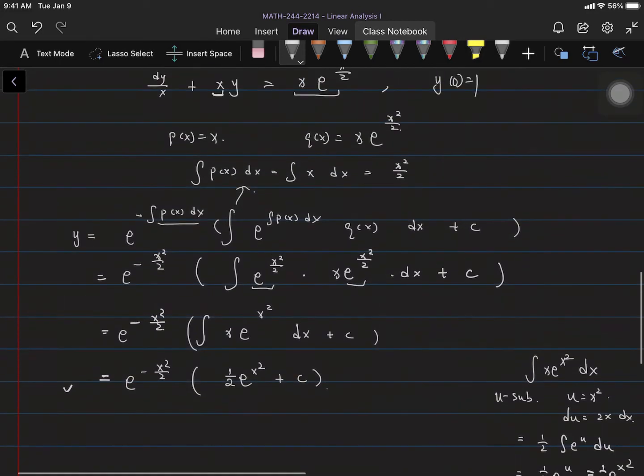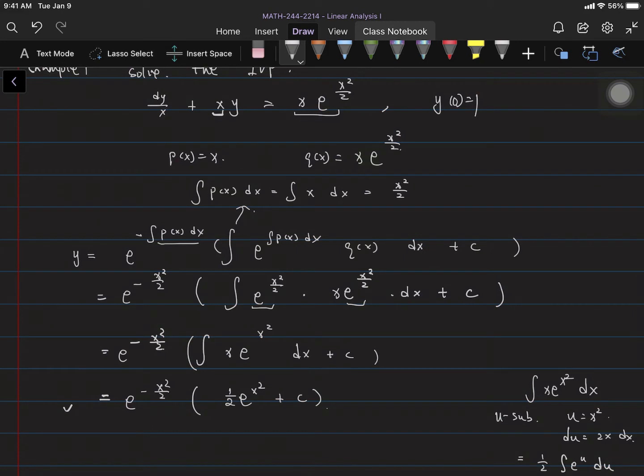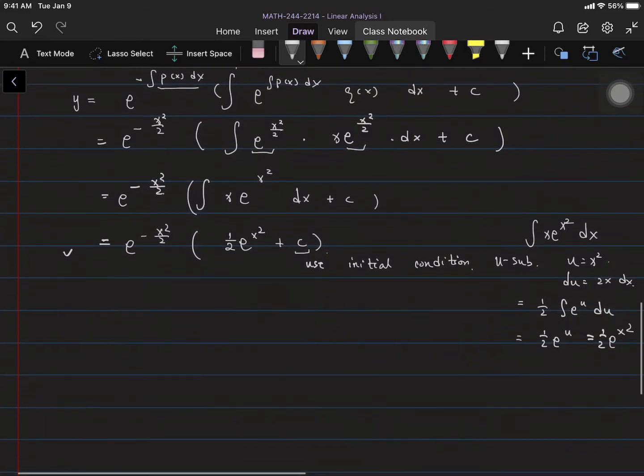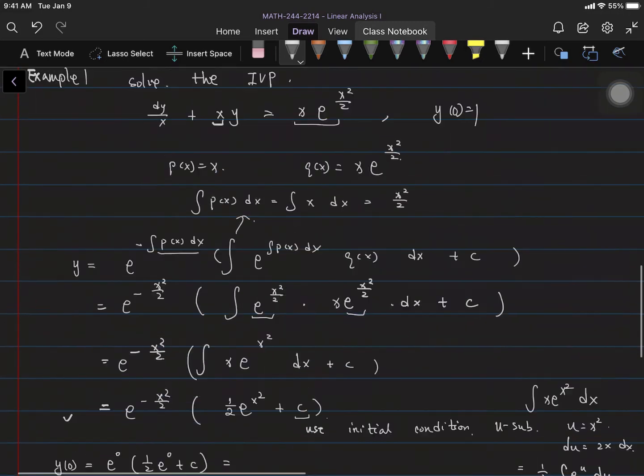Okay. Let's plug in our initial condition to find the c value. So let's see, y(0) equals what? y(0) equals e to the 0, 1/2 e to the 0 plus c, which is given by 1, right?